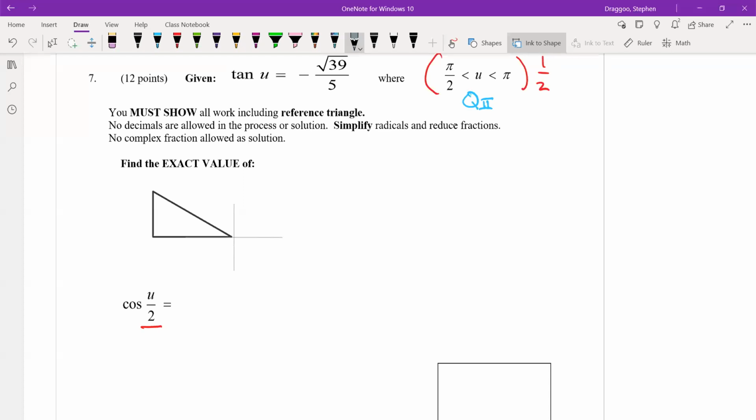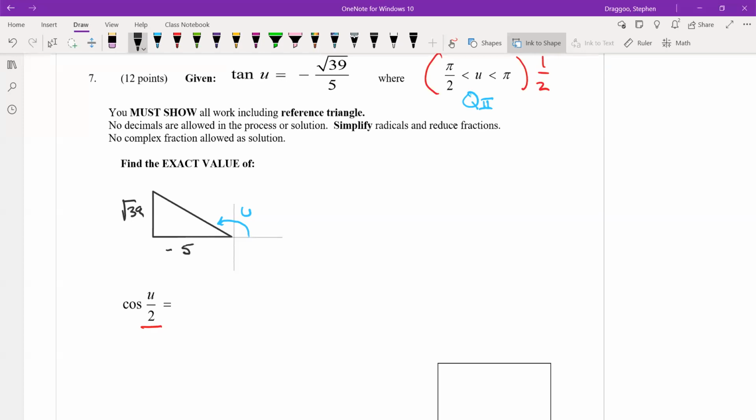Angle U is this guy. From the fact that tangent is opposite over adjacent, I know that root 39 goes there and 5 goes here. We're in the second quadrant, so our x values are negative. So I'll put the negative on the 5 and not on that root 39.